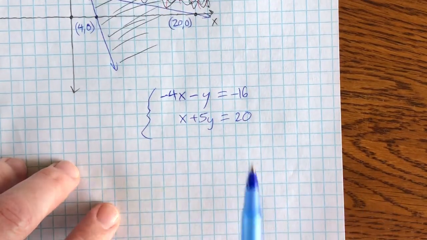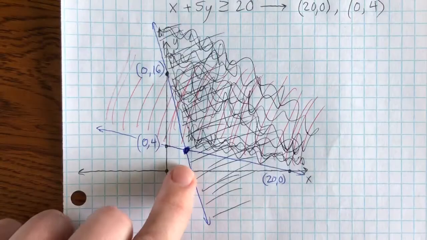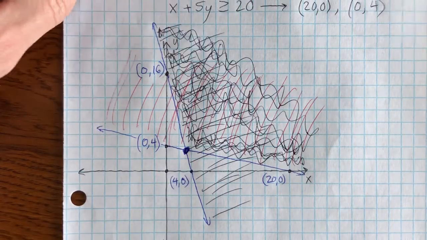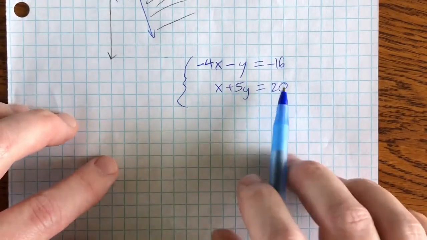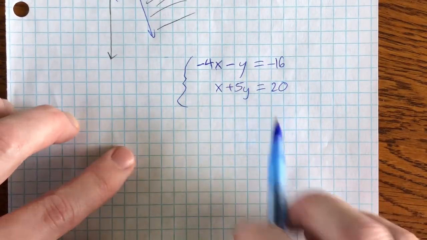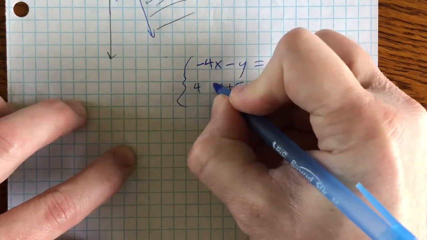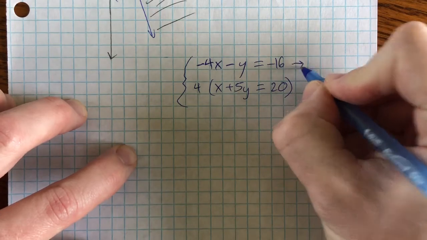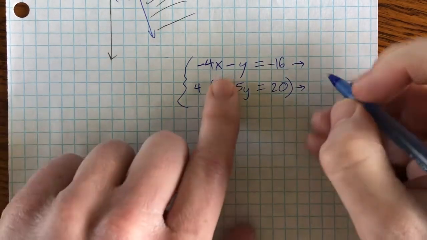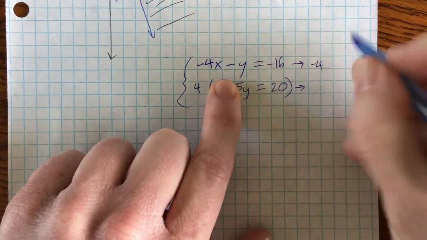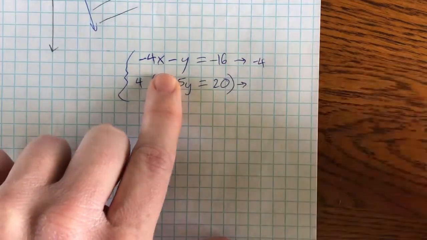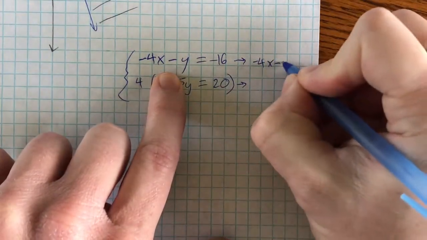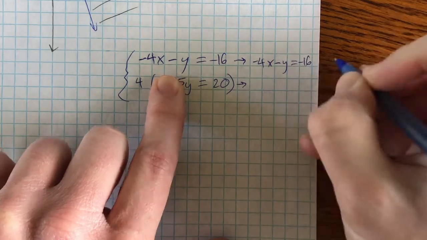To determine this point of intersection, we're going to set up a system of linear equations. One thing we can do in this particular one is multiply the second equation by 4. We'd end up with negative 4x minus y equals negative 16, still on top.